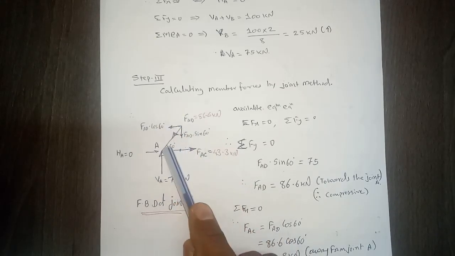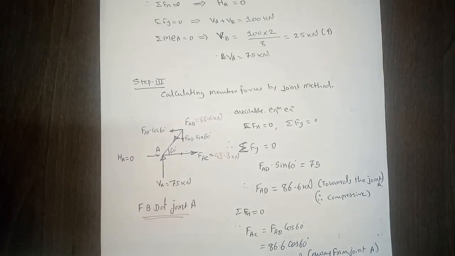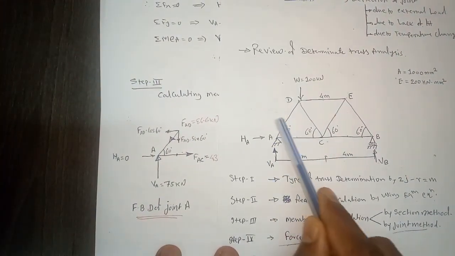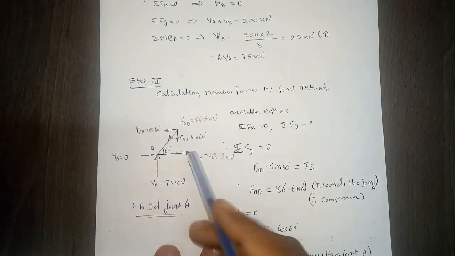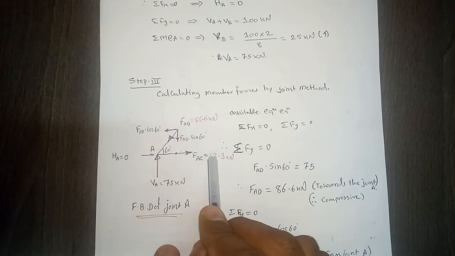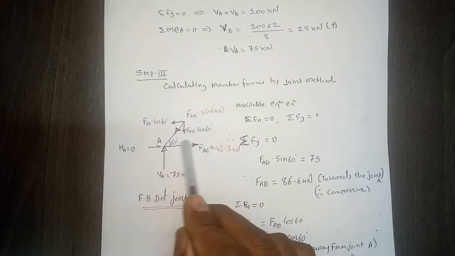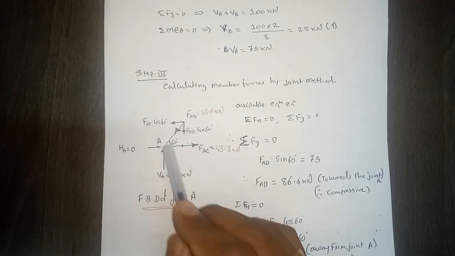So here we are considering joint A, like this is joint A, right? So we are drawing the free body diagram of this joint A. No doubt, I have calculated, that's how I have written this value. But if you see, this horizontal force is unknown, this inclined member force is unknown.